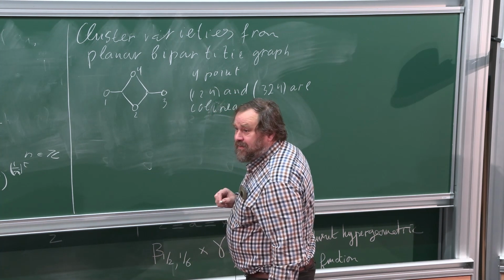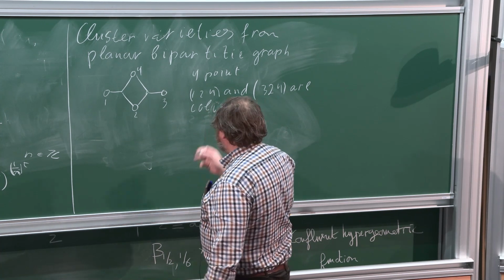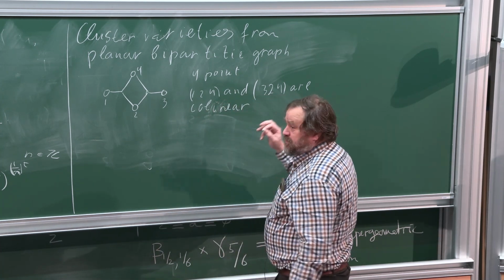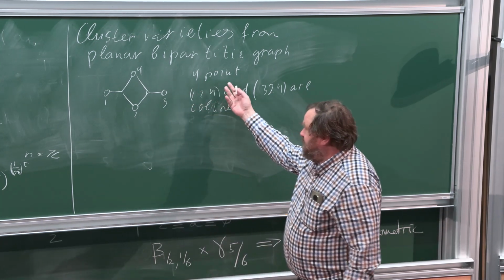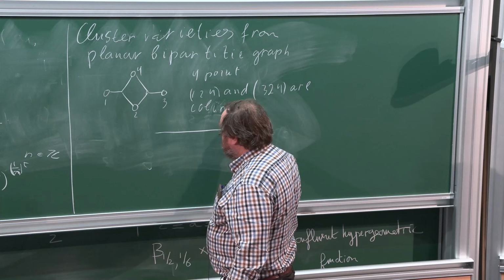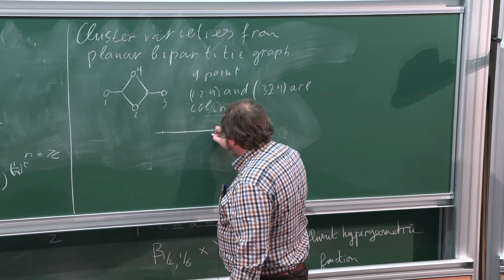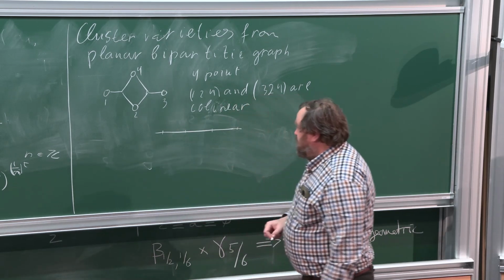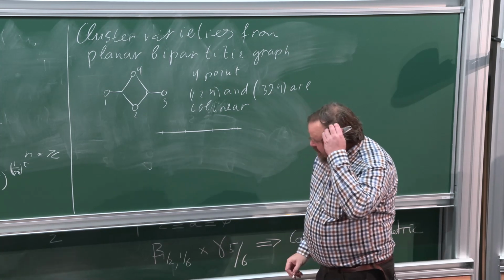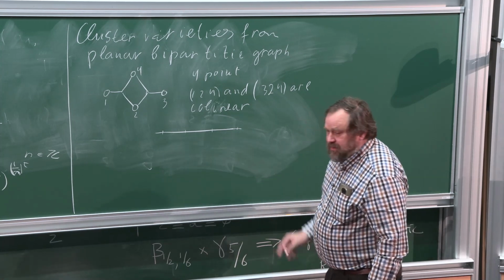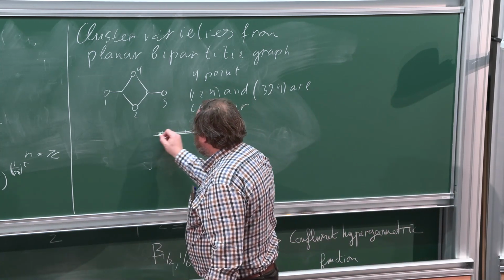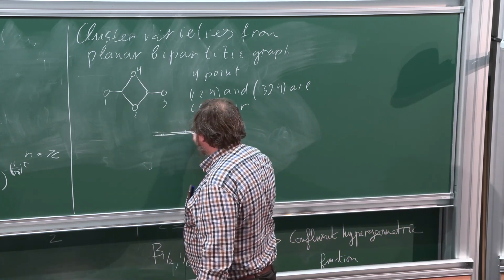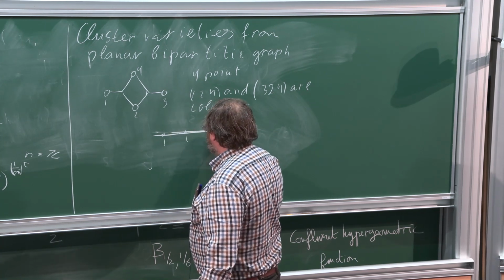Pardon? Points where? In projective space, the minimal possible one. Of course, if you have 4 points, then they can be collinear only on a line, so it's in one dimension.